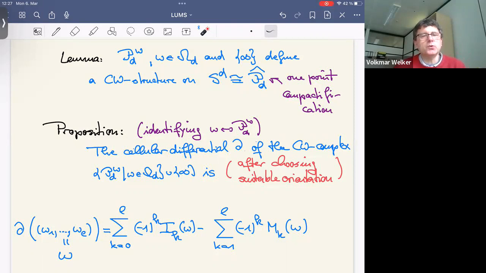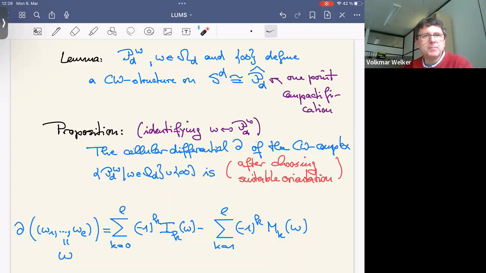So now we want to harness this structure and use it to understand the homological situation for spaces of polynomials with restricted root multiplicity. And for that, we need the following proposition.